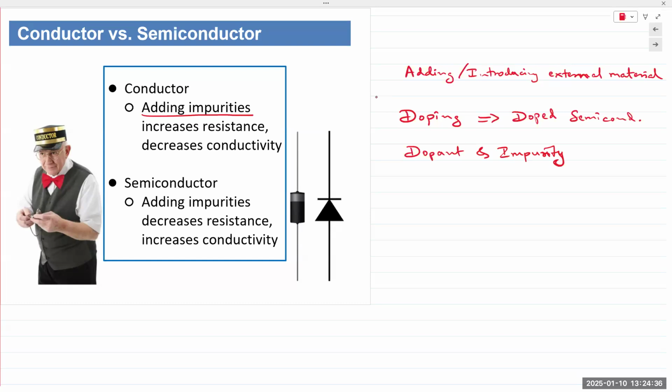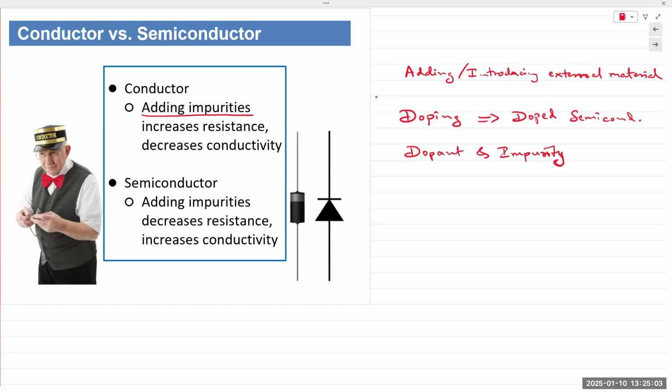In a conductor, there are so many free electrons present that if you introduce some impurity in there, it actually creates more problems, because the free electrons are now colliding with the electrons in the atoms that are introduced in there. So it actually restricts the movements of the electrons that are already present. That makes sense? You already have a large number of free electrons present in a conductor.